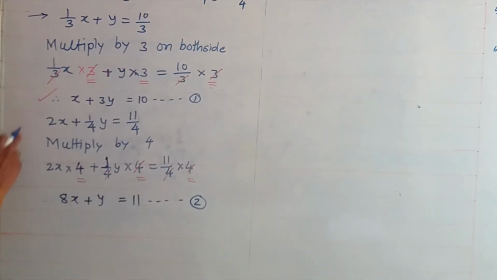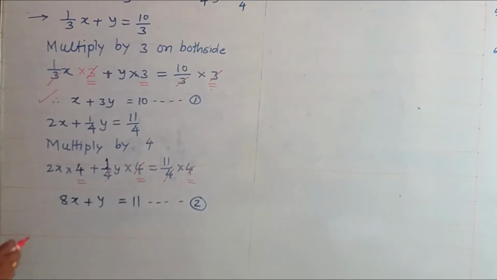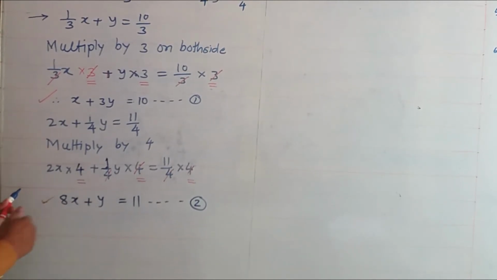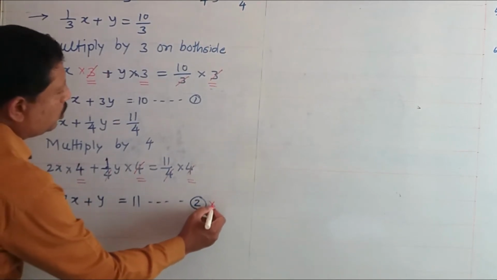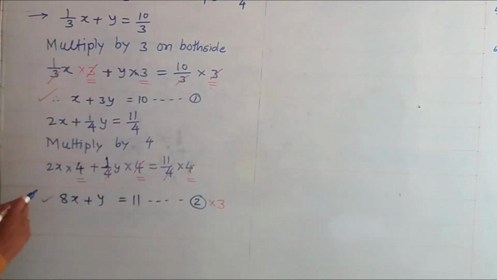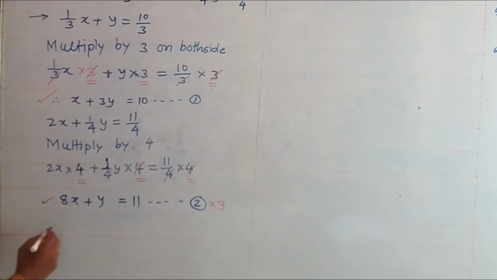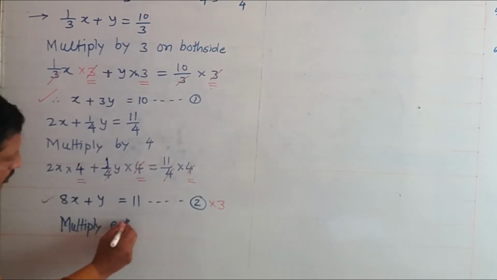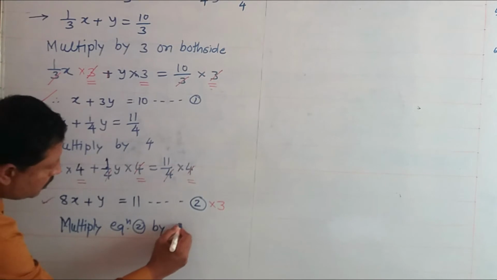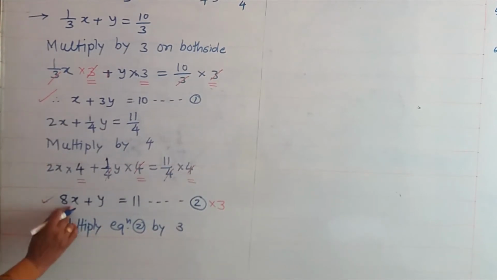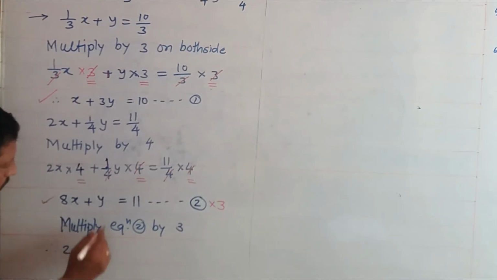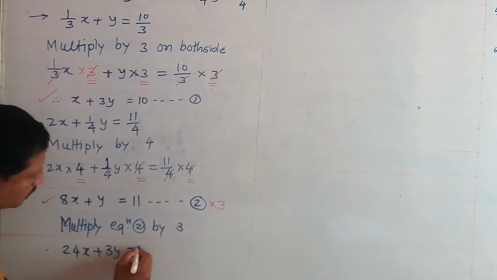Now observe equation number 1 and equation number 2. In these two equations, we can make the coefficient of the variable y equal just by multiplying equation number 2 by 3. So multiply equation 2 by 3. Hence we get 8 3s are 24x plus 3y is equal to 33.